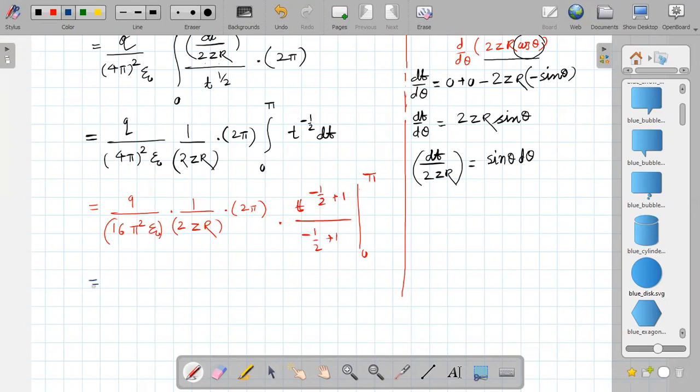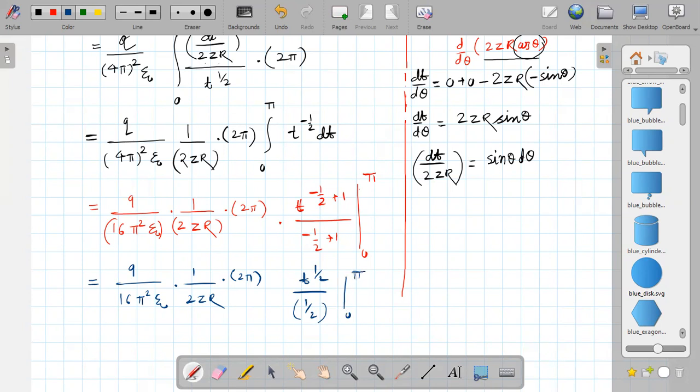Therefore here we can write q upon 16 pi square epsilon 0, 1 upon 2zr into 2 pi, t raised to minus half plus 1 is t raised to half upon half, from 0 to pi.